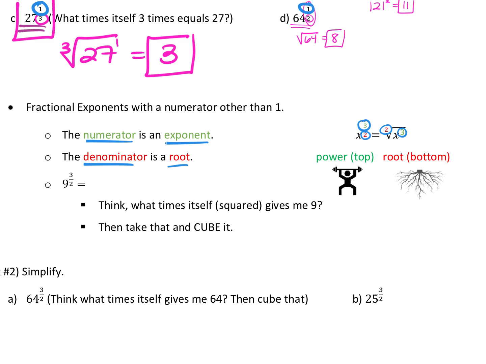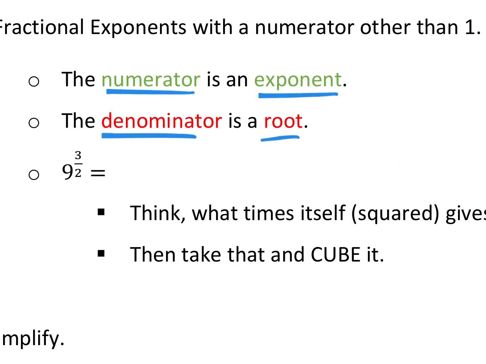The difference now is you're going to be taking something to a power. Now, the rule is you can actually do this in either direction. You can do either one first, but there's definitely one that is a little bit nicer. So here's what I would do with this, okay? This is a root, which means it's what kind of root? Square root, cube root, 4th root? It's a square root.